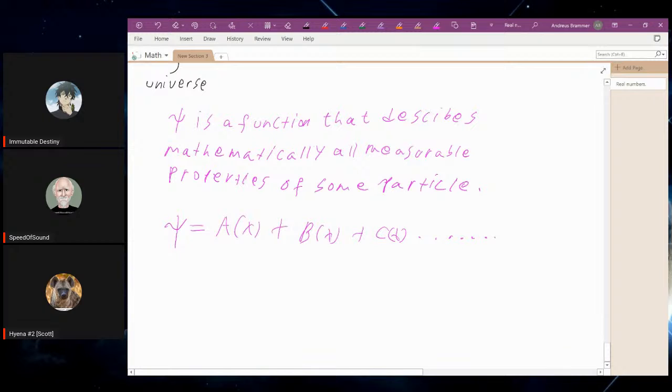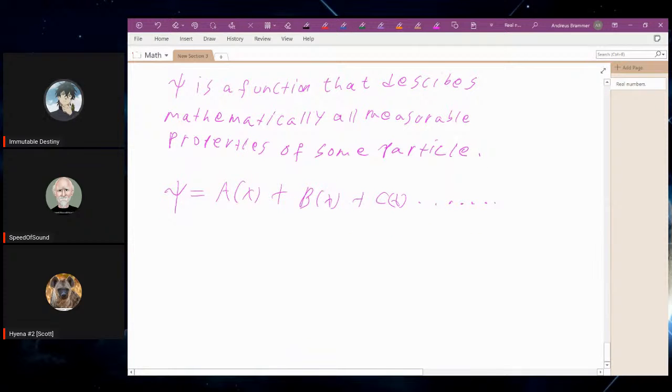And here's the thing about this, a constant times a function is still a function, just modified. And we can call these C1, C2, C3, and so on.